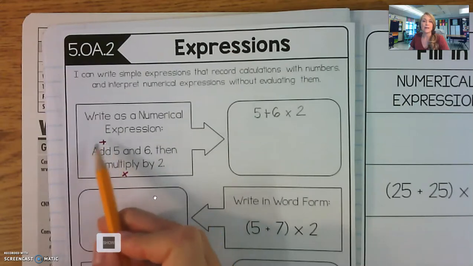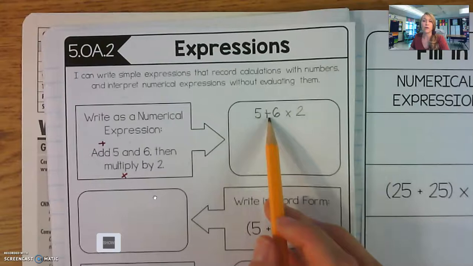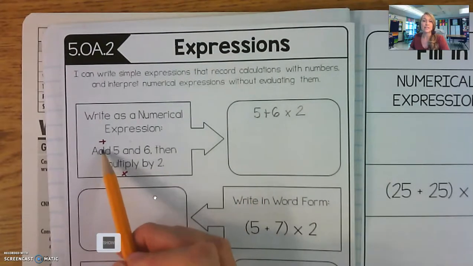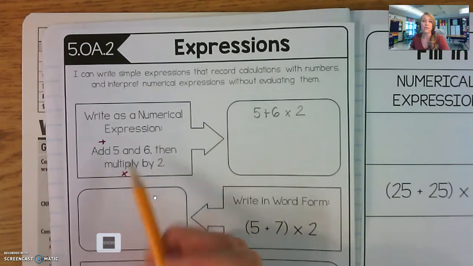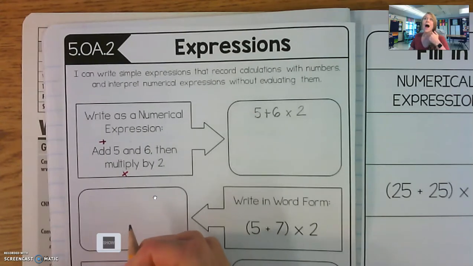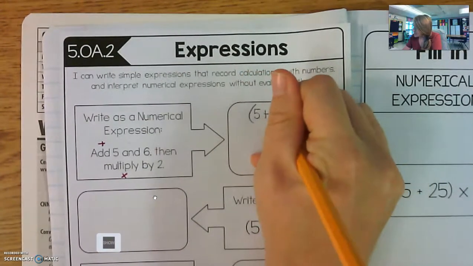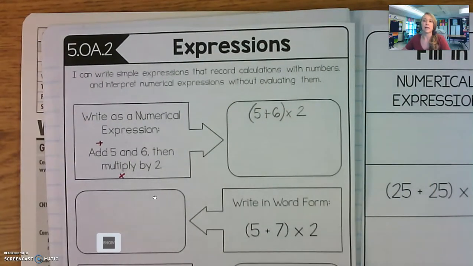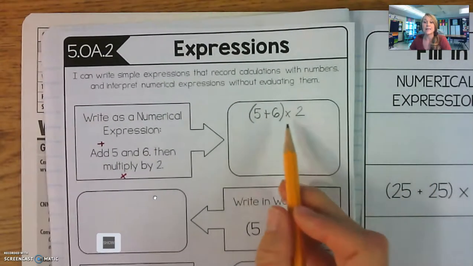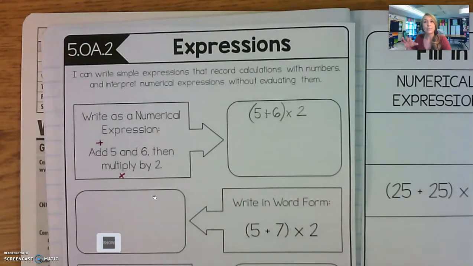Well, wait a minute. In order of operations, multiplication has to come before addition. So if they're telling me that addition should come before multiplication, we're going to need, say it with me, parentheses. Very good. We're going to need parentheses around the 5 plus 6. So when you're writing simple expressions as numbers, you need to make sure you're always asking yourself, do I need parentheses?